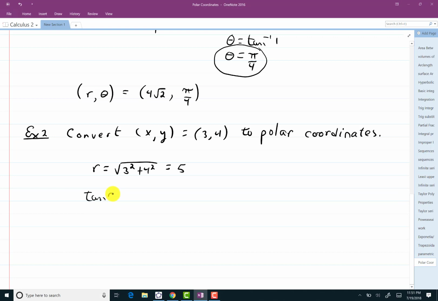Tangent theta equals 4 over 3. So theta equals arctangent of 4/3. There's no need to simplify that or try to figure out what it is. It's not one of the angles that we know. So this is good enough.